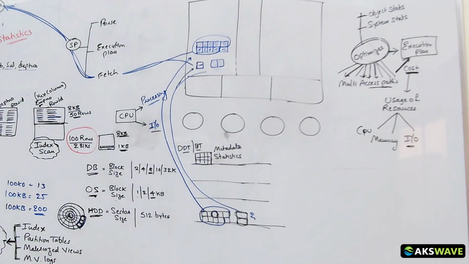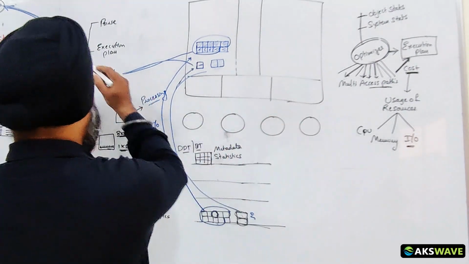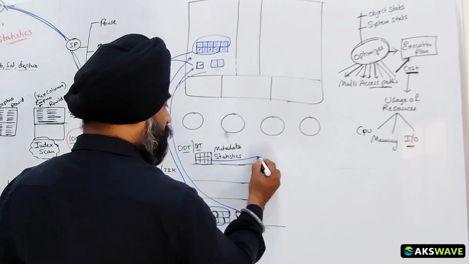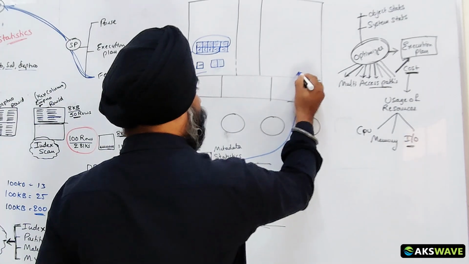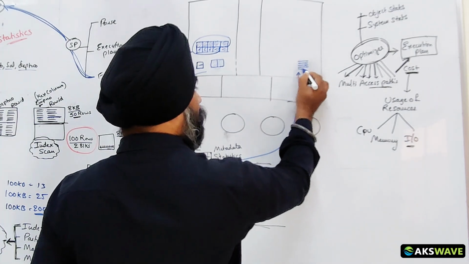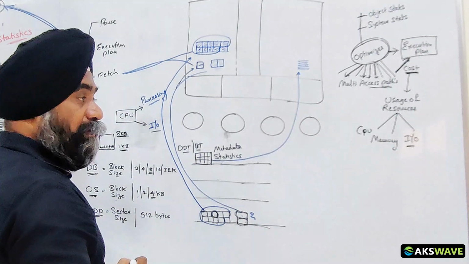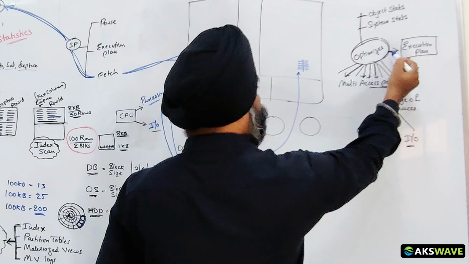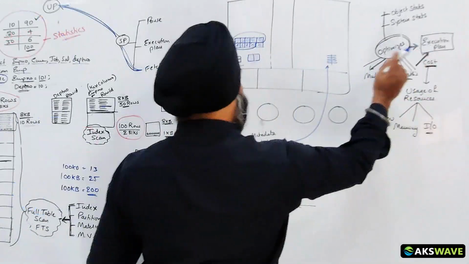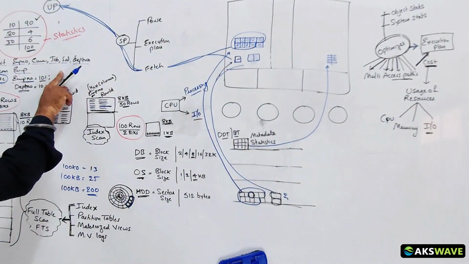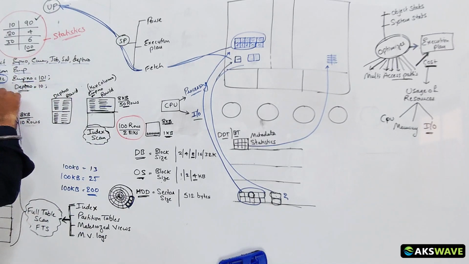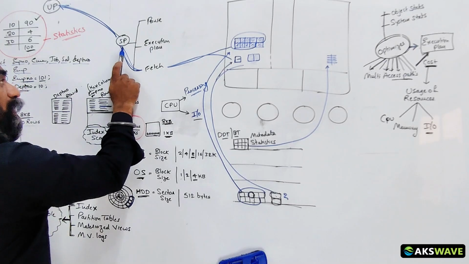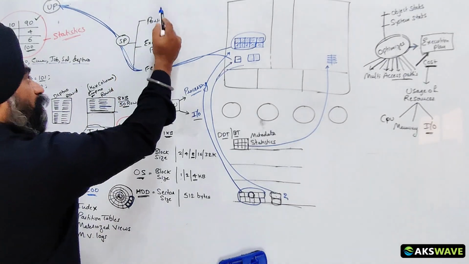So your statistics are also stored in the same data dictionary tables or base tables. That means for my optimizer, my server process is going to do again an IO on the statistics and bring this data here. So we got the statistics. Now using the statistics, it is going to come up with an execution plan. If I look at my whole entire query, please follow the query. When I submitted the query, the user process gave the query to server process, which will do first what?